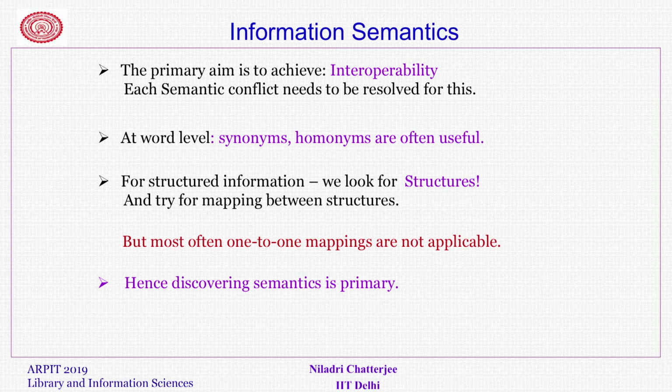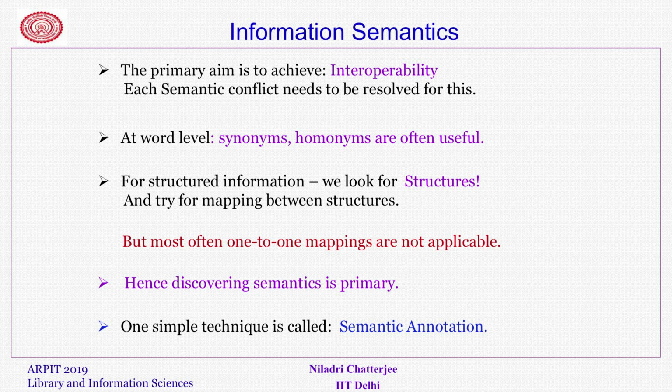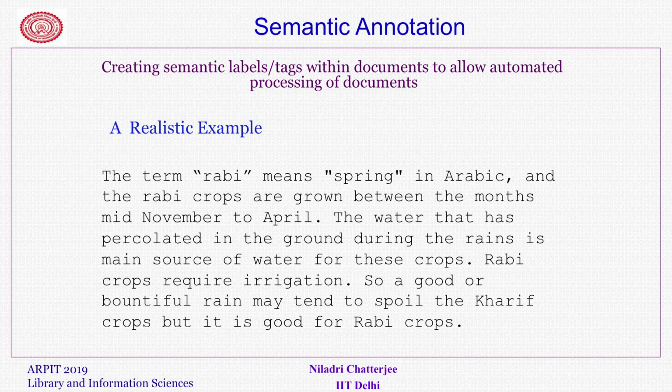Hence, discovering the semantics is very primary for such a domain, and one simple technique for this is called semantic annotation. For example, consider this from the agriculture domain. This is available in certain books with respect to agriculture, particularly Indian agriculture.